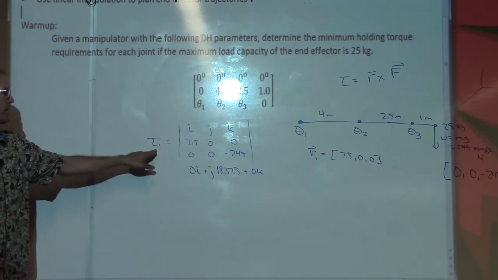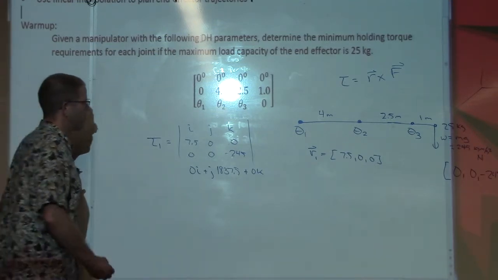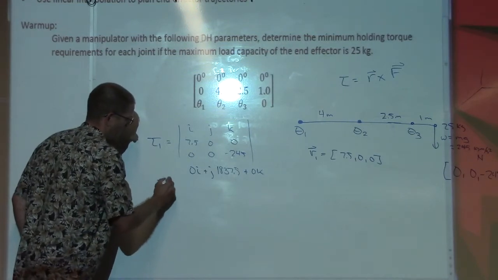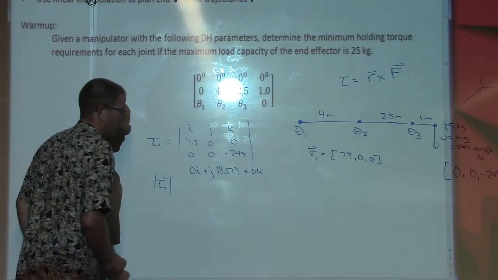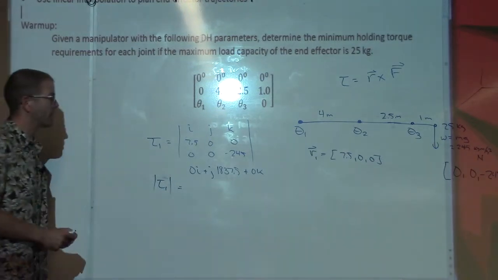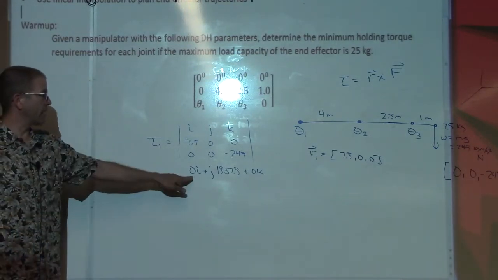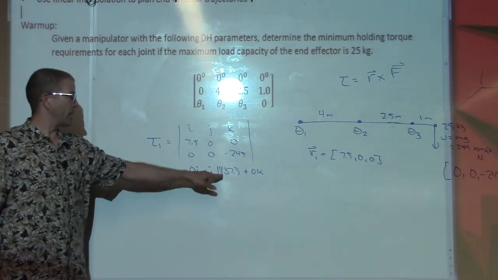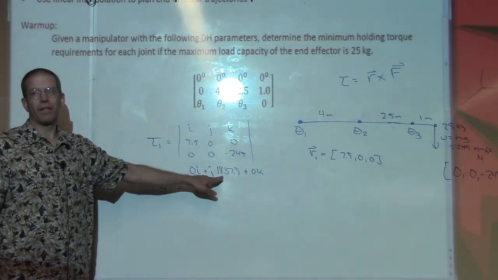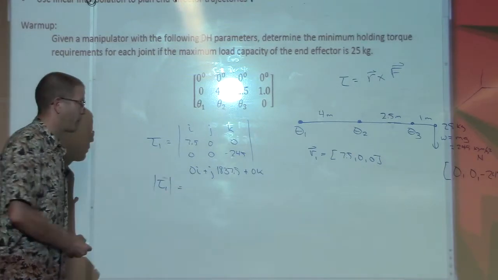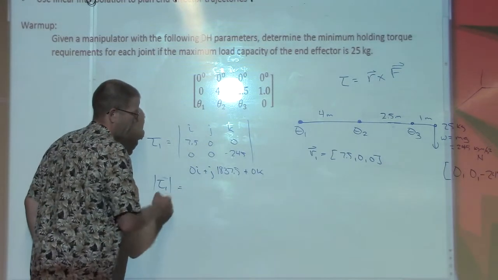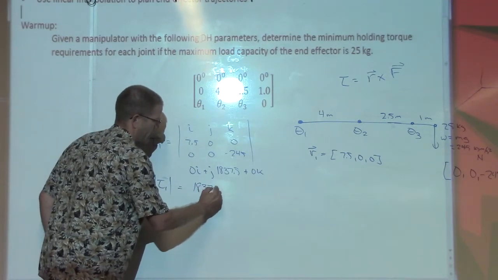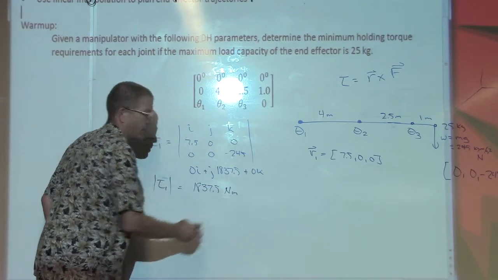So in this case, if we wanted to determine the minimum holding torque characteristics, we're just going to determine the magnitude. Since the i component is 0 and the k component is 0, the only component that has any magnitude associated with it is j, therefore we can say that the magnitude of the holding torque is 1837.5 Newton meters.